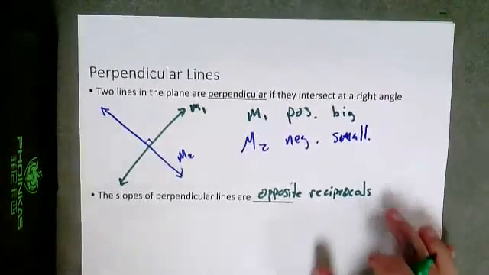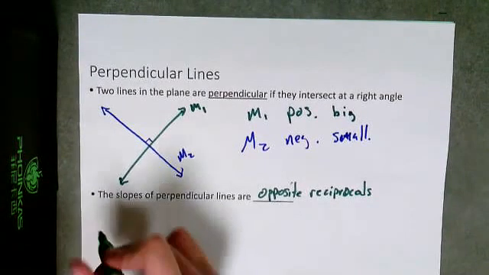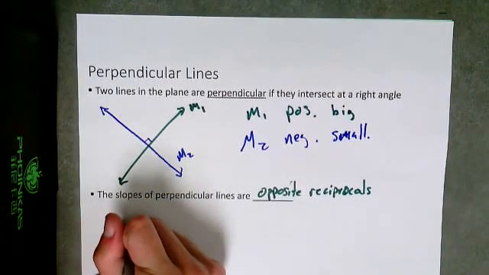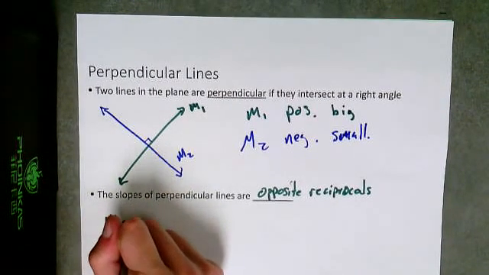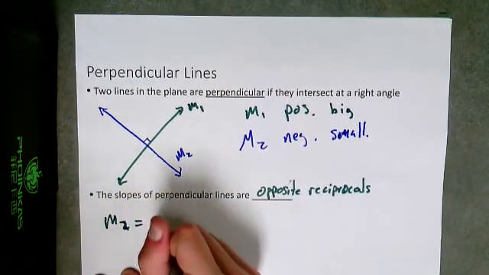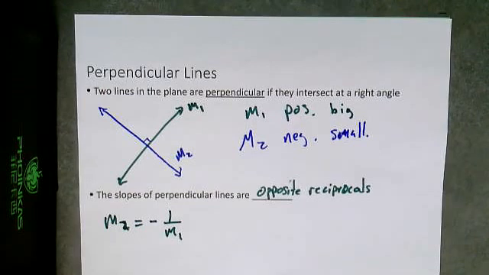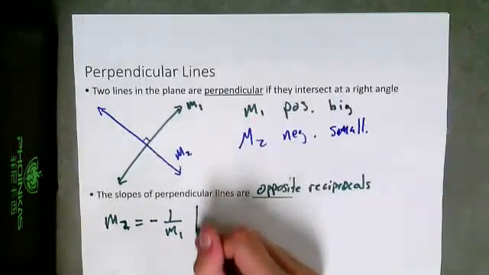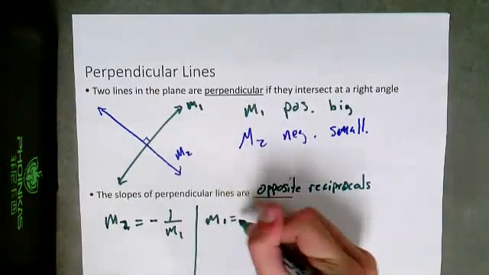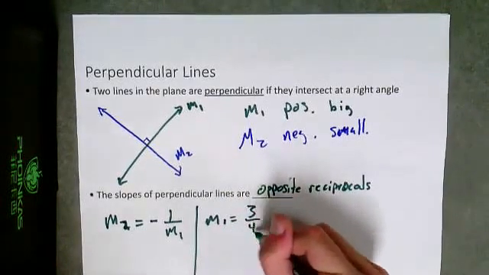So what it means by opposite reciprocals is, M2 is equal to the negative 1 over M1, right? Negative reciprocal. So suppose M1 is equal to 3/4.